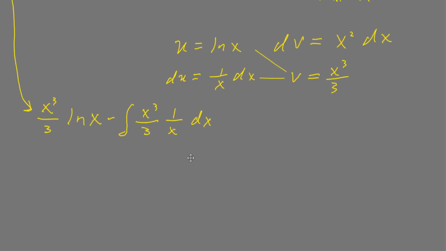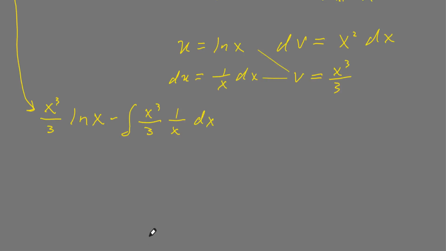So the nice thing about this integral is that this x cancels with a power of x over here. And I'll write this as 1/3, since dividing by 3 is the same thing as multiplying by the reciprocal. 1/3 x cubed times ln of x.